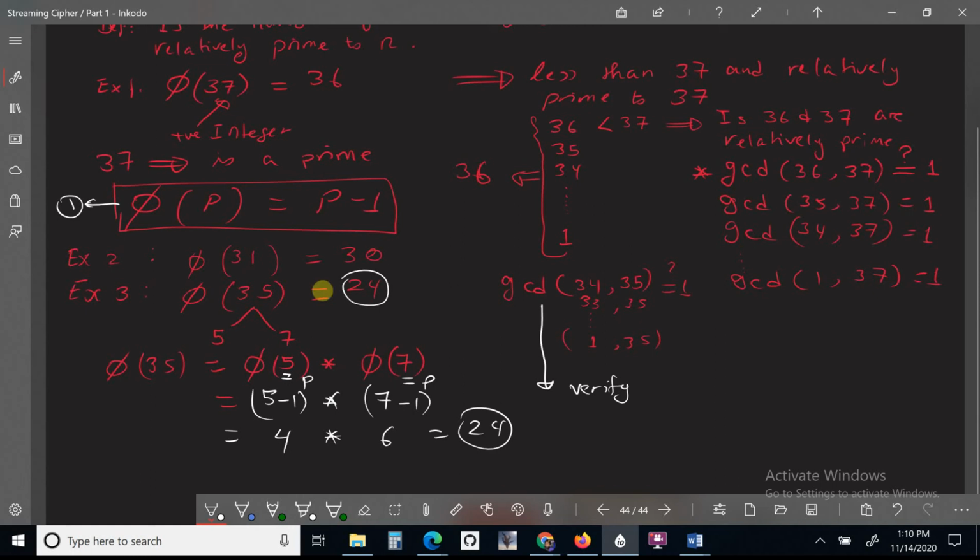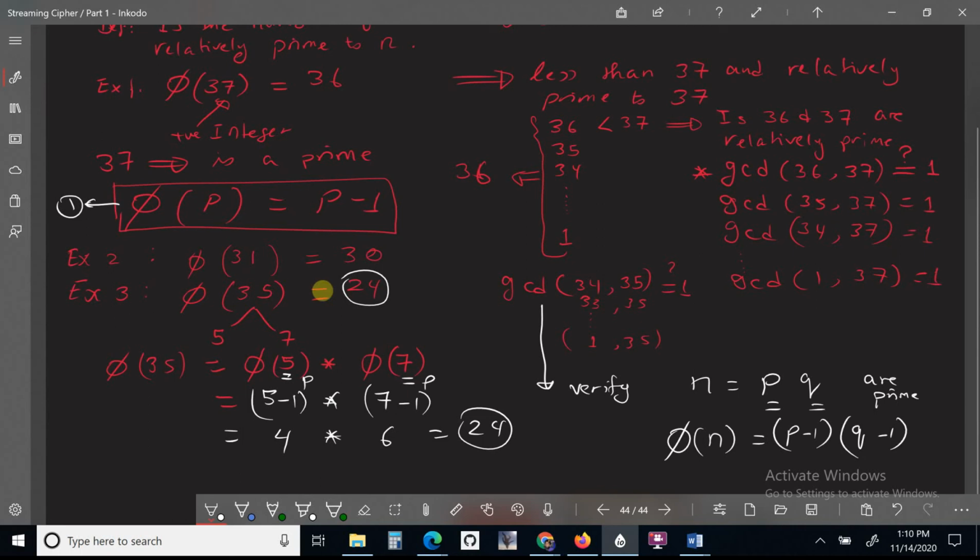So in general, if you have n, which is equal to the multiplication of two different primes, p and q, then the phi of n, the totient function of n, is equal to p minus 1 times q minus 1.